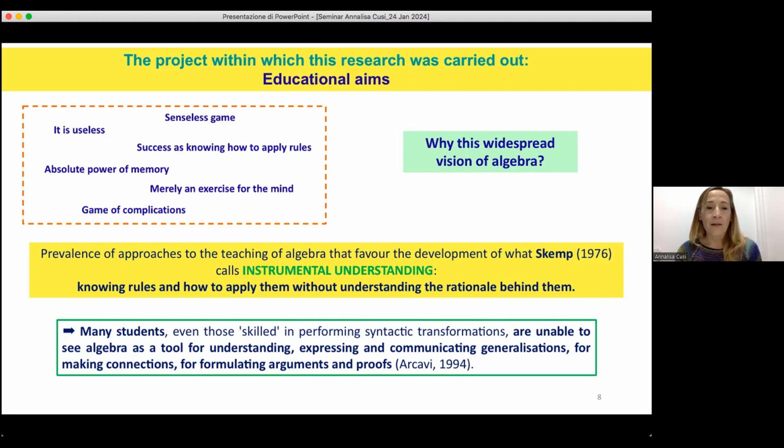And so, as Arcavi stressed, even those students that seem to be skilled in performing syntactic manipulations, for example transforming expressions or solving equations very quickly, often are not able to see algebra as a tool for understanding, expressing generalization, for reasoning in general.